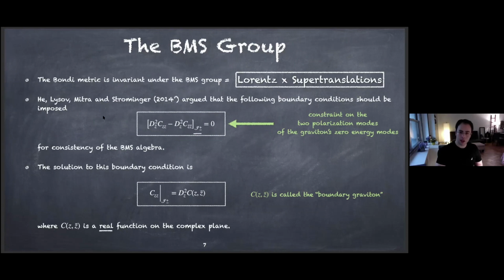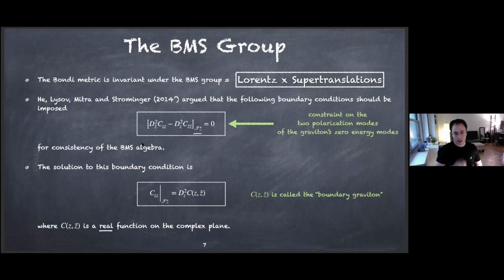This boundary condition is nothing but a constraint on the two polarization modes of the graviton zero energy mode, since it's a constraint on the metric components at very large distances, at spatial infinity. So what this constraint is doing, it relates the two polarization modes of the boundary graviton at very low energy. And this is something we are familiar with from field theory.